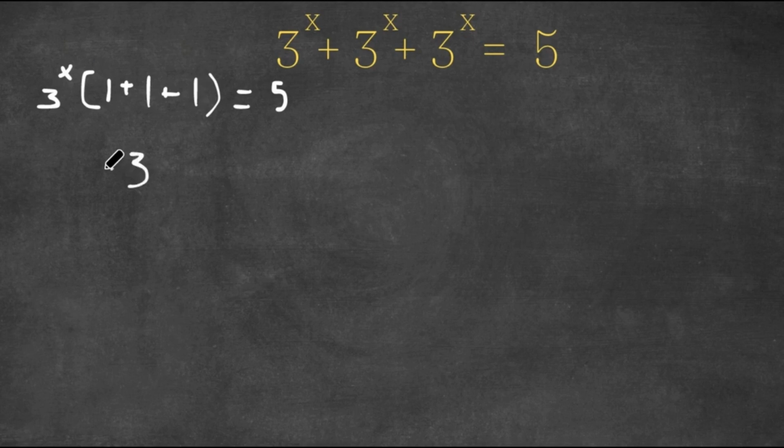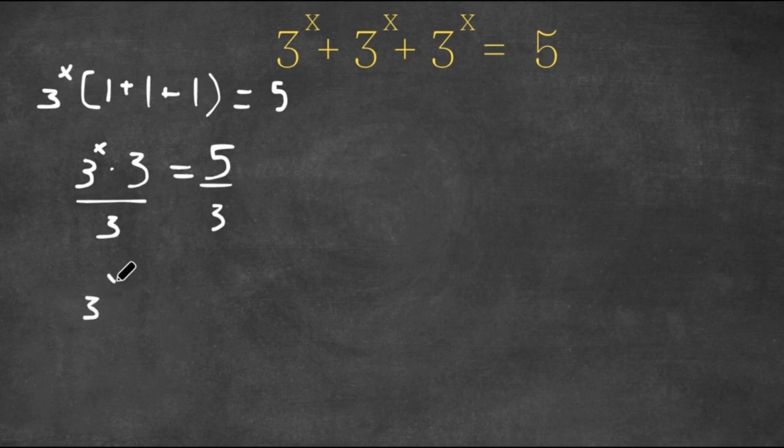So now we have 3 times 3 to the power of x is equal to 5. Now I'm going to divide both sides by 3. So now we have 3 to the power of x is equal to 5 over 3. Now I'm going to take the log of both sides.